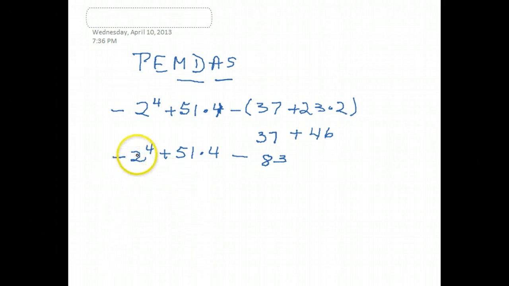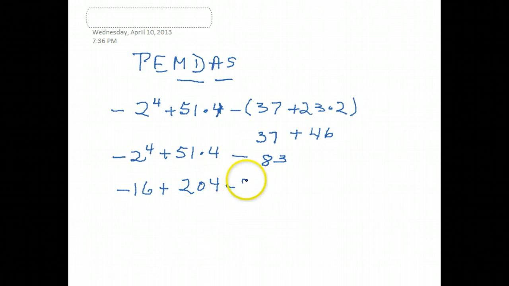Okay, so next I do the exponent. Now remember, the negative sign is outside the 2, so I don't take that to the fourth power, I only take 2 to the fourth power. So 2 times 2 times 2 times 2 is 16, right? So this becomes minus 16. Then we have 51 times 4. 51 times 4 is 204.